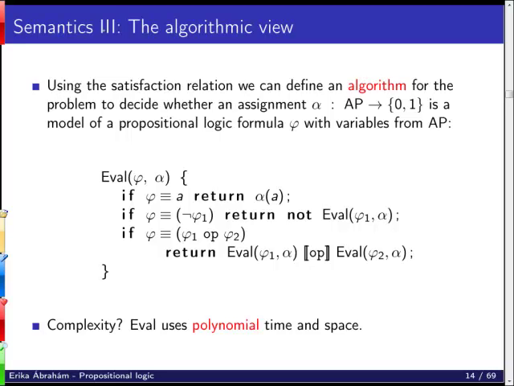If we don't have the model, we want to find it, we want to find whether one exists. Exactly. So I can only check if one assignment is a model for my formula. But if I have only the formula and want to check if it is satisfiable, then what is the complexity of that using a recursive call of this algorithm?